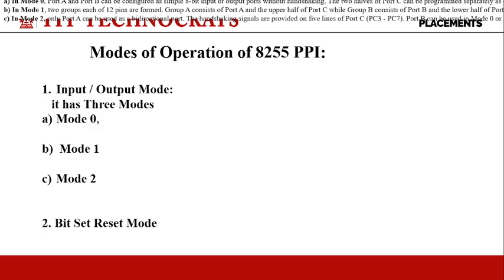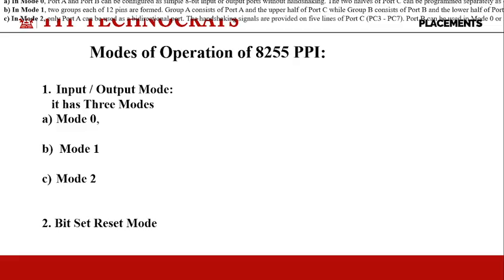Now in case of mode 2, this mode is only used by group A control. Only group A can be initialized in this mode 2 operation. Here port A can be used for bidirectional handshake data transfer operation.